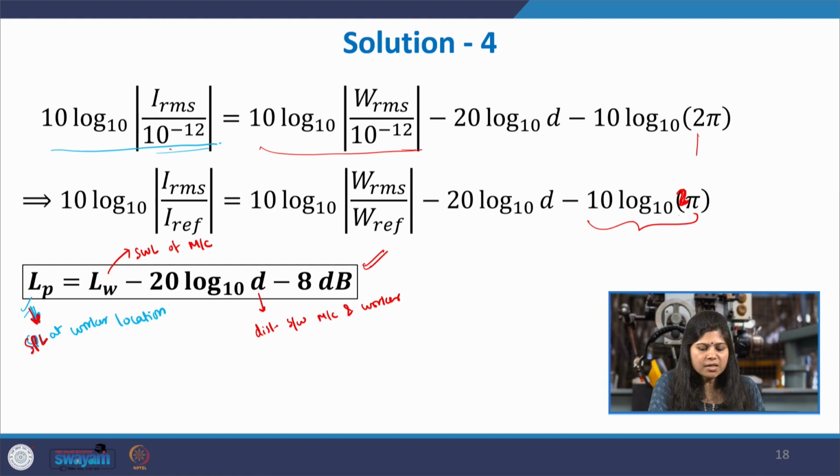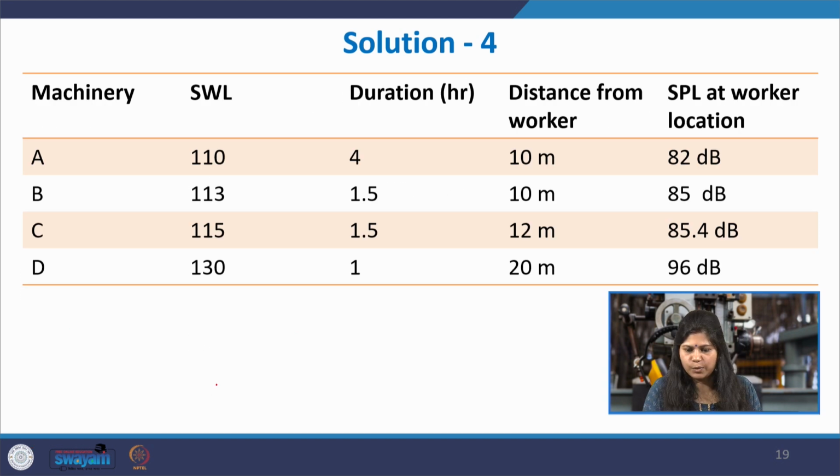So, using this equation now we can obtain what is the SPL received at the worker location. With the same formulation, we put LW, which is the SWL, and we find out the SPL at the worker location. It comes out to be these values for the different machineries, where this is the distance D.